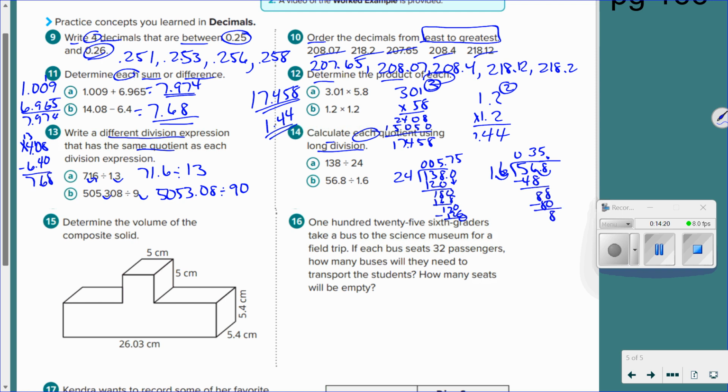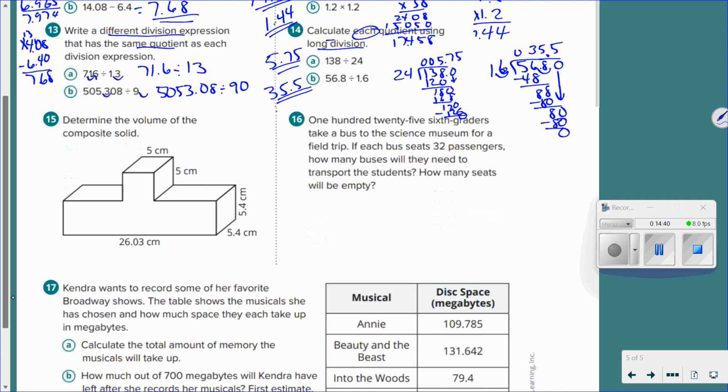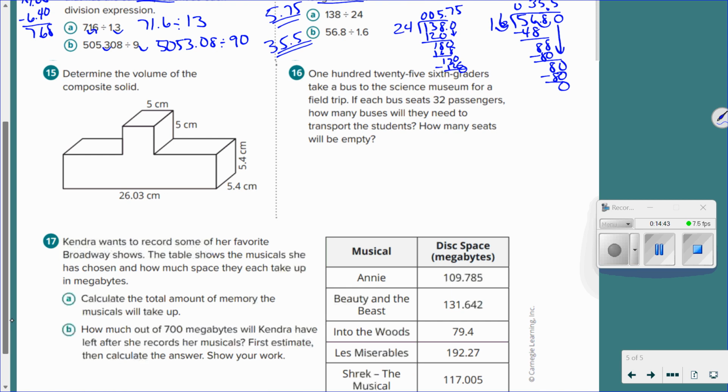I'm still not at 0, and this is what a lot of people missed on the homework. It means I need to add a 0. I bring it down and I get a 5 again. So once I get to 0, then I am done. So pay attention to your directions. So this one came out to 5 75 hundredths. This one came out to 35 5/10. 15 also won't be on your test, so I'm going to come back to that if we have time.